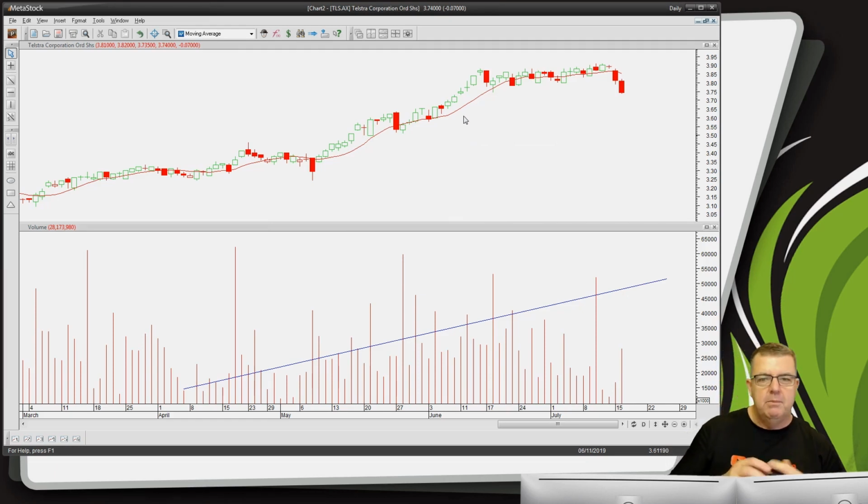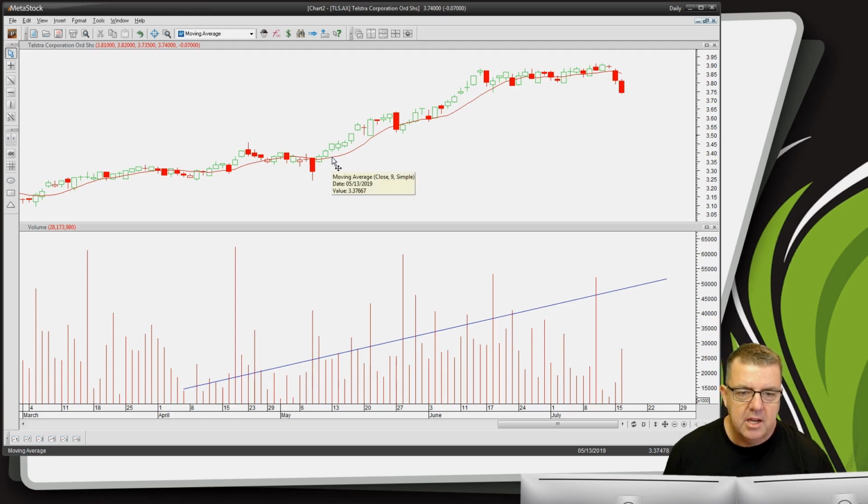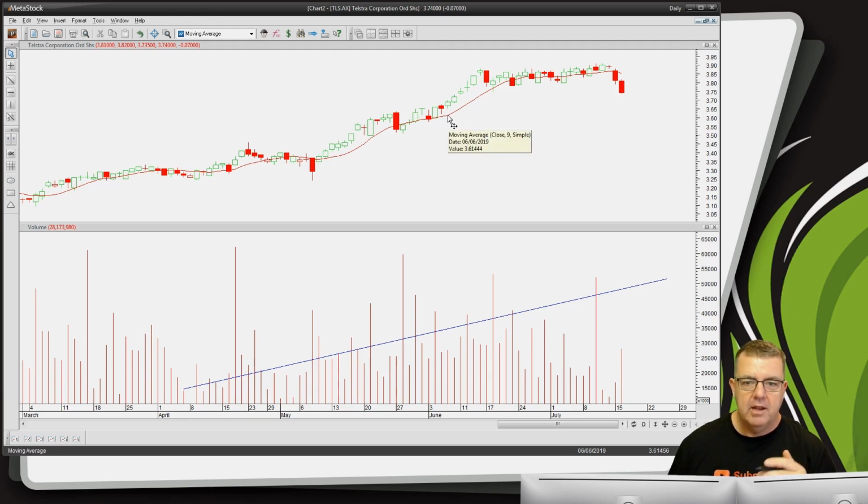Now, remember when we did the petrol analogy, we drew a really basic line chart. We just drew a dot, dot, dot, dot, dot, and connected the dots. That's our line chart. This is essentially all this is, guys. It is if we, on this day, said, what is the average price over the last 9 days? The average closing price. If you look at that, it is a moving average, and in brackets it's got close, 9, simple.